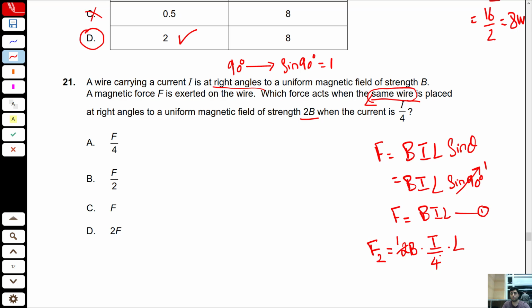So 2, 1/4, and L. So this becomes 1 over 2 B I L. Now realize that this BIL is equal to this F, because F is equal to BIL. So you can replace this BIL by this F. So our new magnetic force acting on the wire is half the original force. So it has to be B.